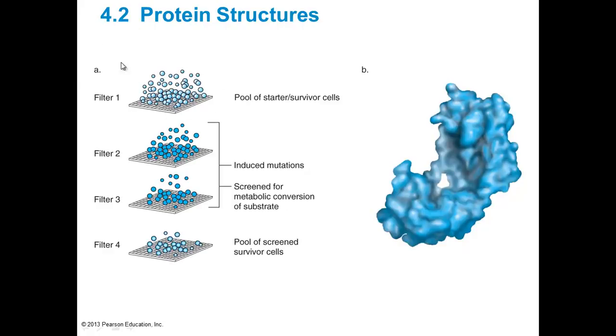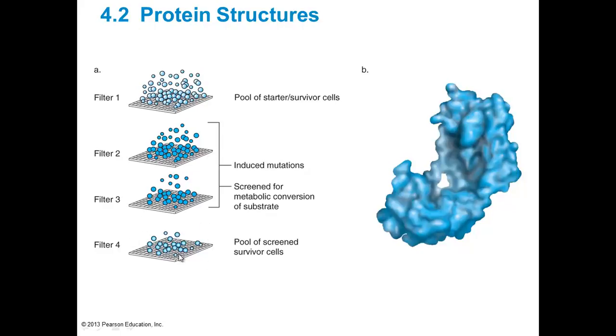So you have a starter group. This is wild type. Then you induce mutations in filter 2, and so these are mutated from the wild type. In filter 3, then you screen them for the ability to bind substrate and convert substrate, and then you pick the clones that perform the best, and then you have a pool of screen survivor cells.